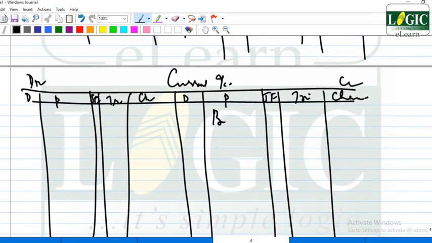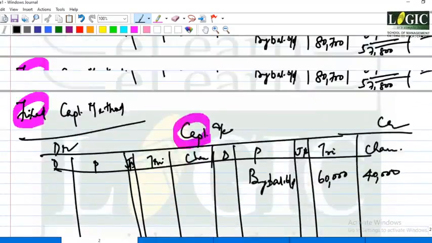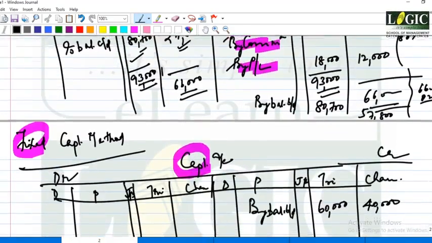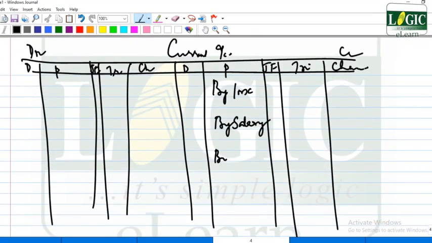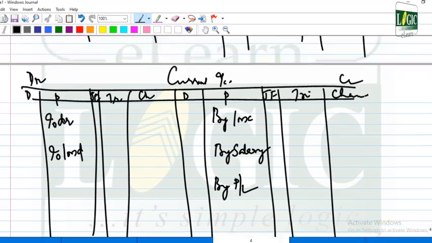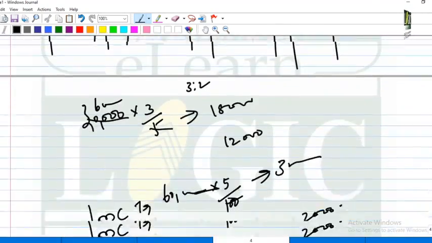So you will be writing by interest on capital, by salary, by commission, by profit or loss, to drawings, to interest on drawings. So how much is it by interest on capital in the case? 3,000, 2,000.